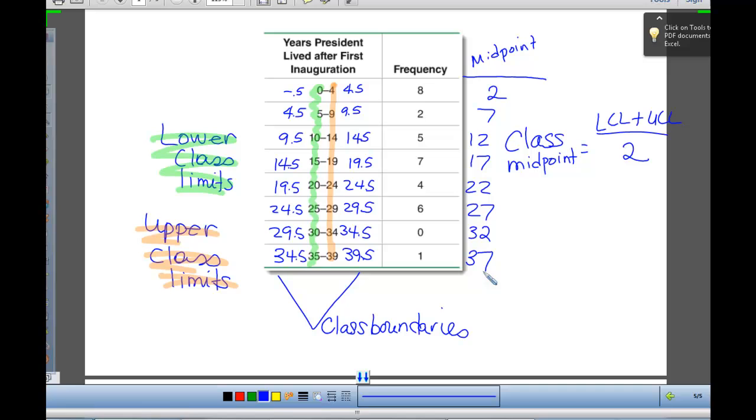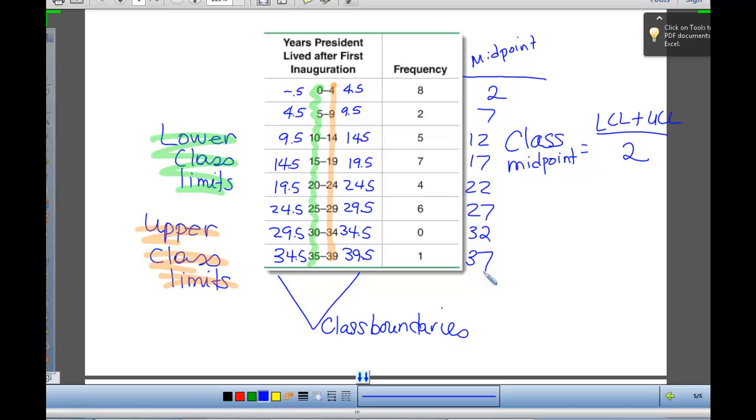If I do 19 minus 14, we get 5. If I do 22 minus 17, we get 5. And that's what made it easy for me. Instead of having to compute each of these midpoints, once I saw that my class width was 5, I just kept adding 5. That's going to be really useful for us when we get ready to construct our own frequency distributions.